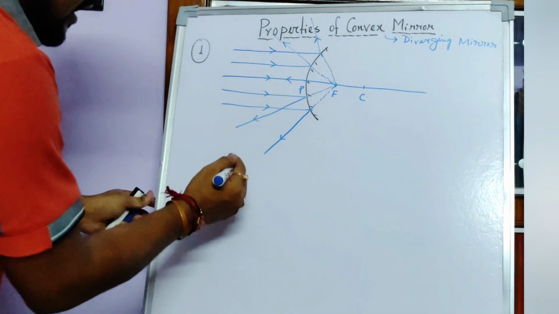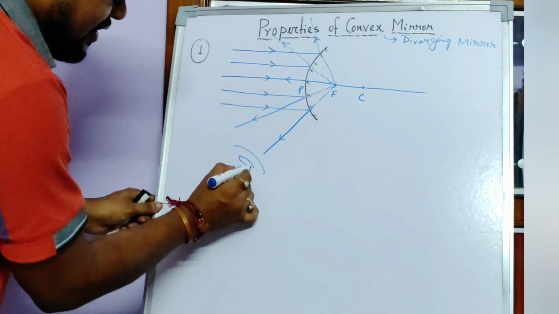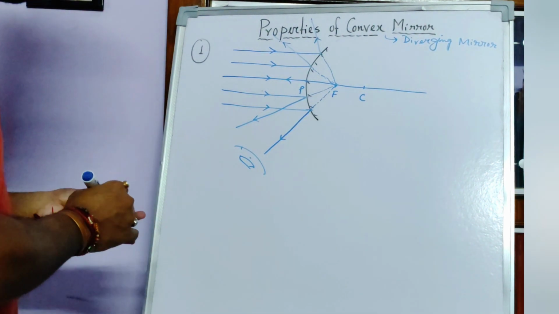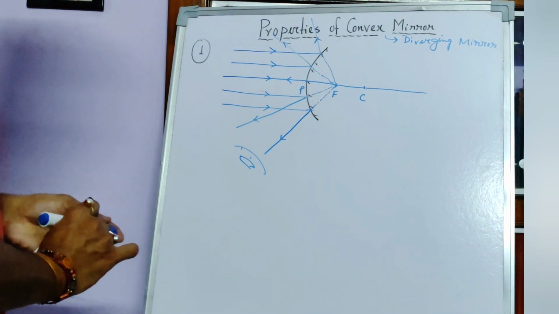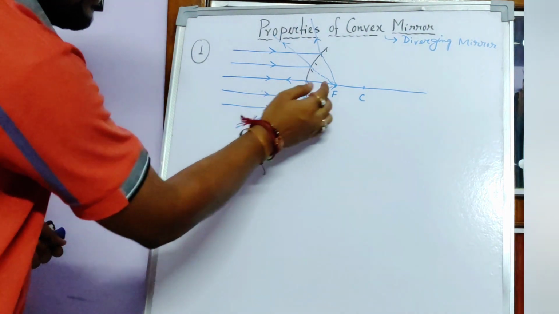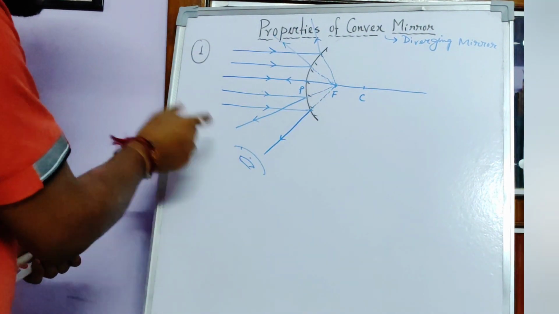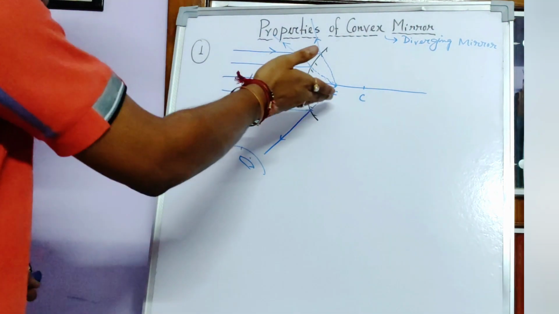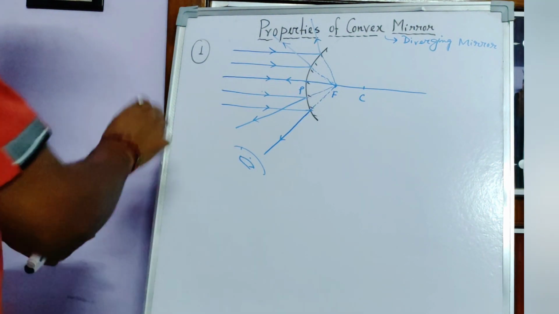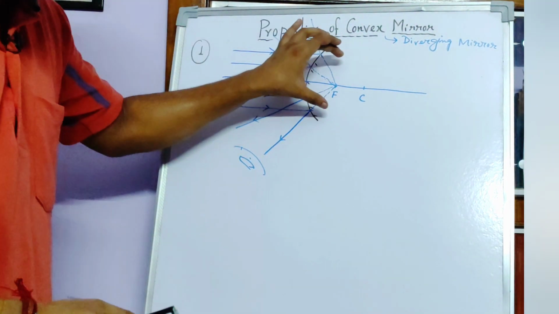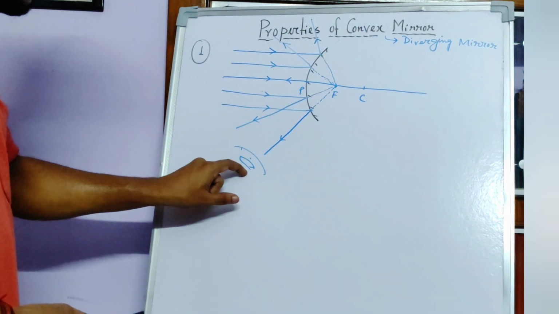Suppose any person can see from here, this is the eye of a person, what will that person see? That person will see that the ray is coming from focus because our human eye cannot see the reflected path of light. Actually the light is coming from parallel rays, right? But what will this person see?